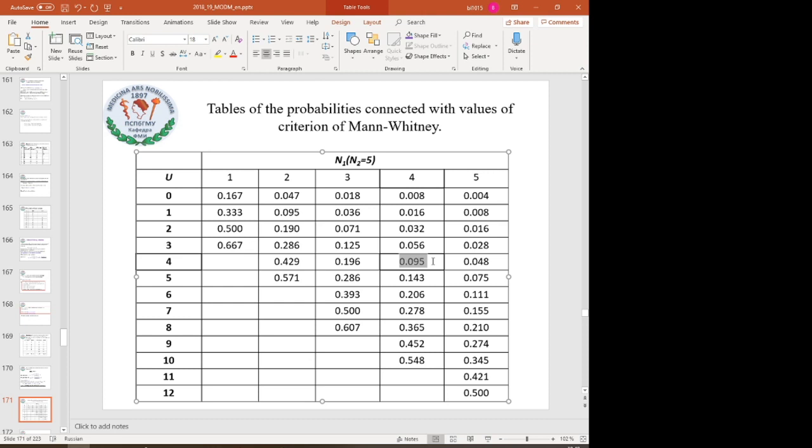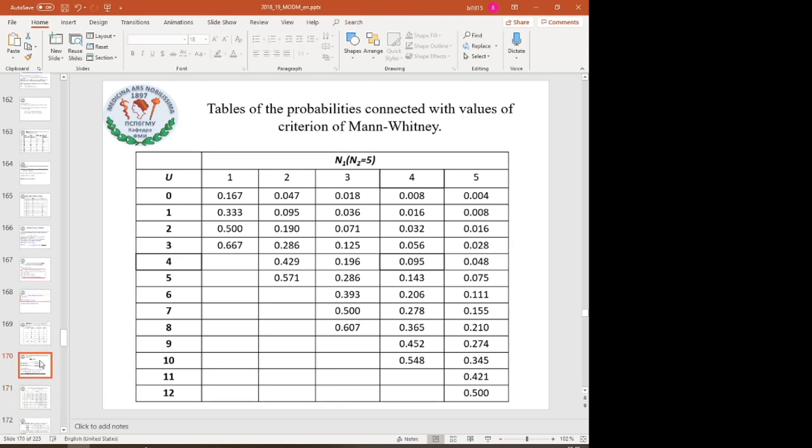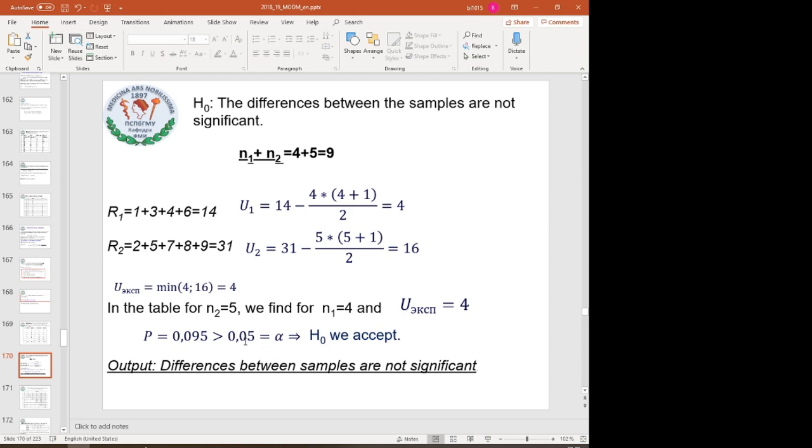This is greater than 0.05, and we should conclude that our difference is not statistically significant, so we accept the null hypothesis.